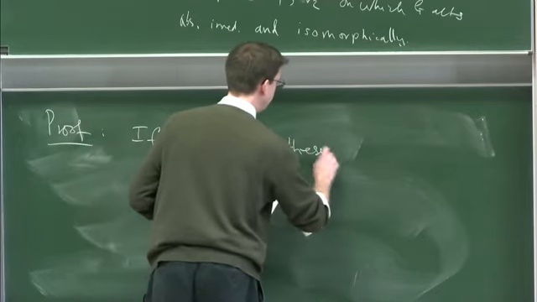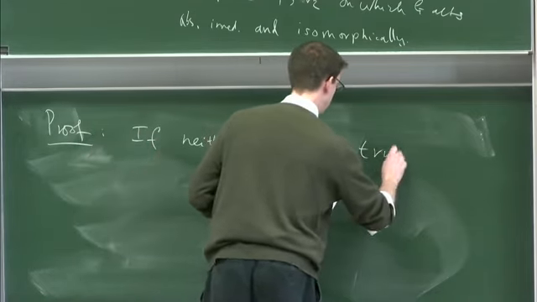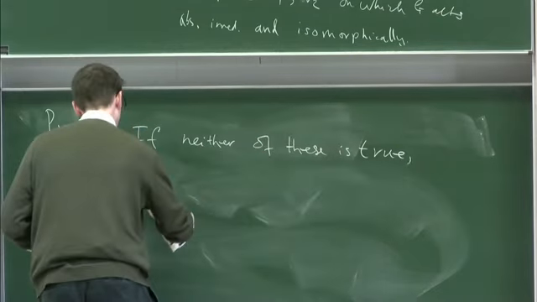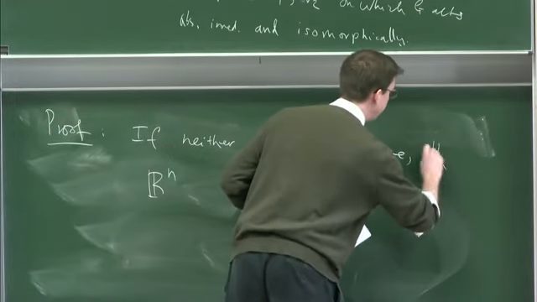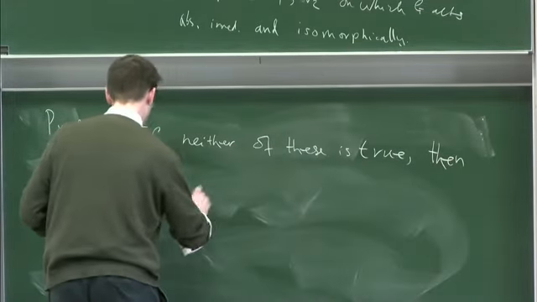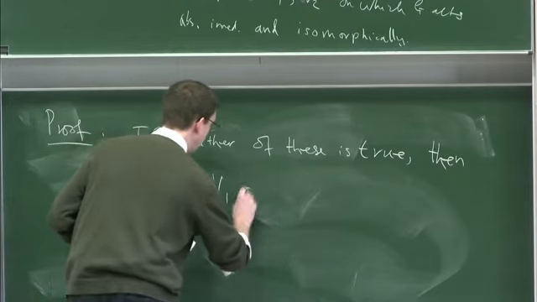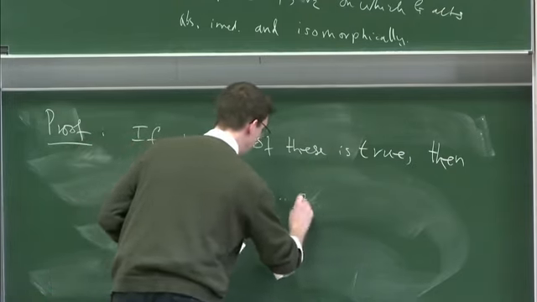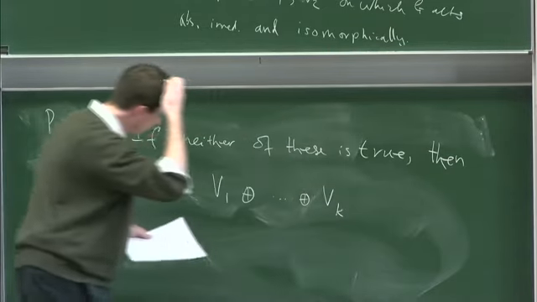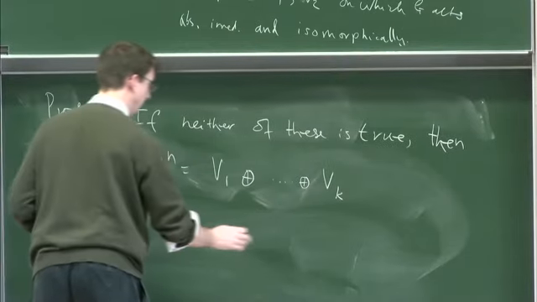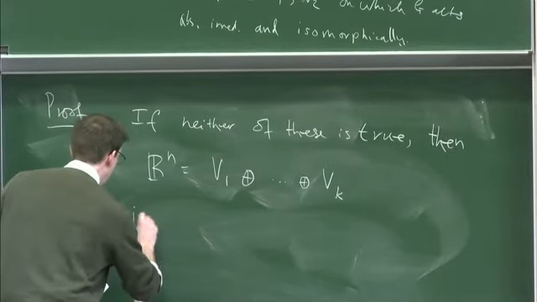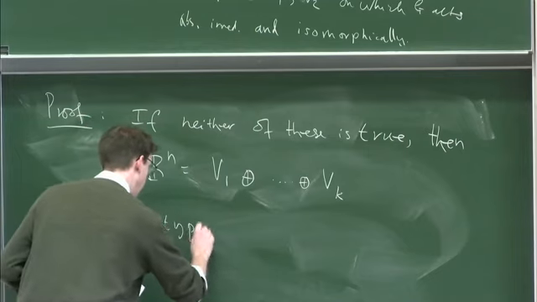So if neither of these is true, then R^n has an isotypic decomposition.